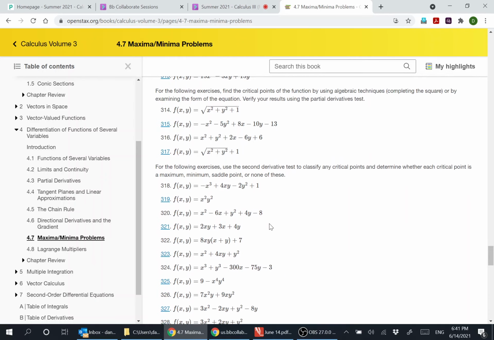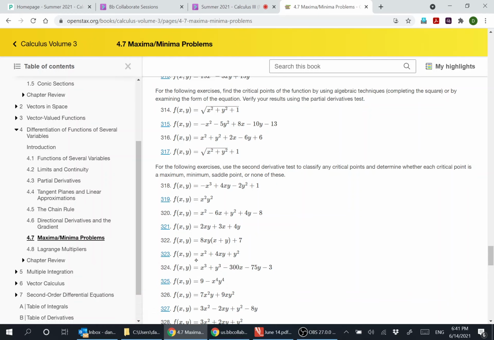So 322. For the following exercises, use the second derivative test to classify any critical points and determine whether each critical point is maximum, minimum, saddle point, or none.